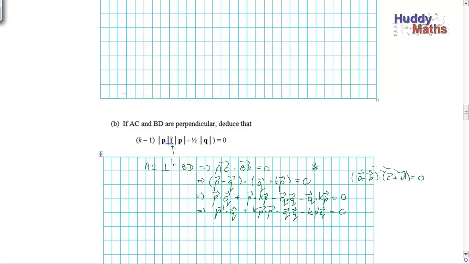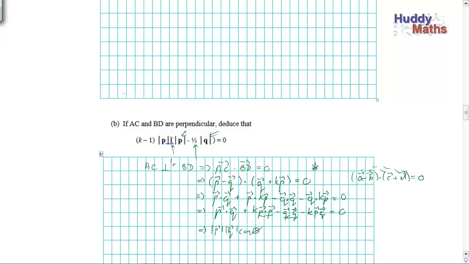Now, we've got to do some dot products. And you see here there's a hint. You've got a half in there. Now, some dot products are just going to come out as the length of P squared, or length of Q squared, but these others won't. So what is the definition of this? You can see there are lengths in there, so we want to bring it in. Dot product is the length of one by the length of the other by the cos of the angle.